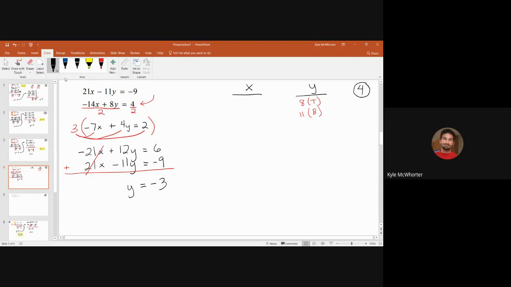And then I just need to plug that value into one of our original equations to find x. So I'll take the top one, 21x minus 11 times y equals -9.